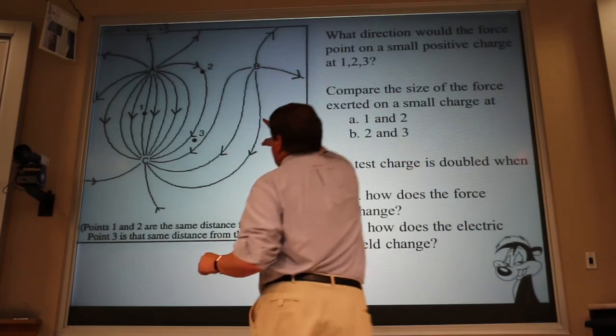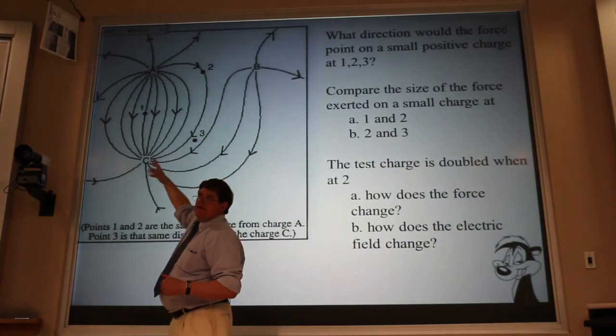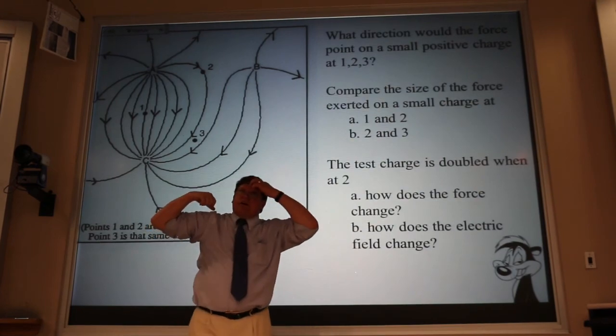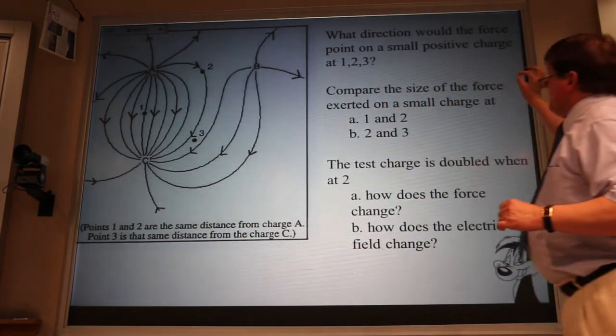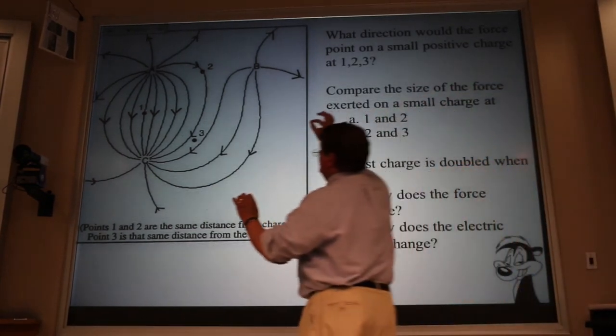Now C has got the same number of field lines as A, so it's going to be the same size charge, but negative.